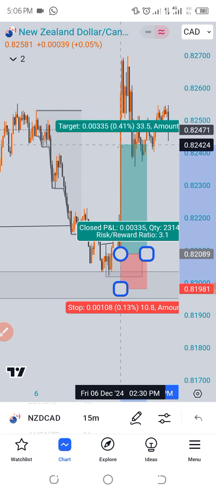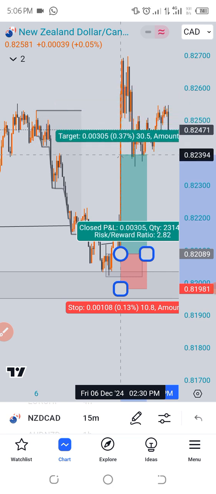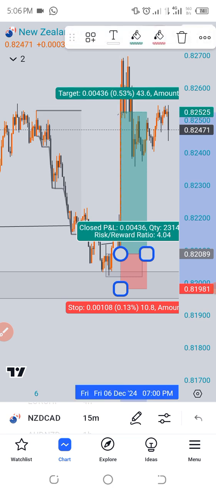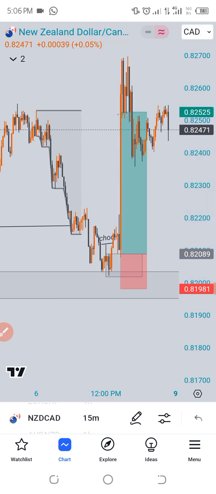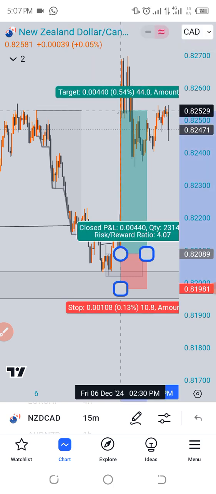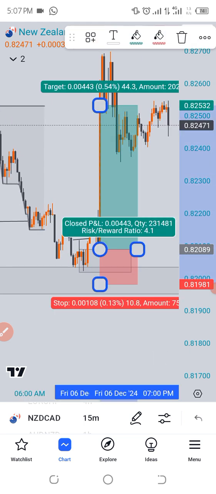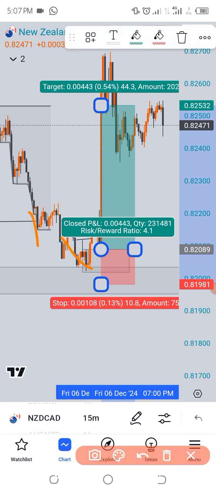Remember I said your minimum risk to reward ratio should be a 1:2. So normally I would have targeted this Asian high, but if you notice, it was just one candle that did all of this move, and this would have been a clear risk to reward ratio of 1:4, as you can see right here. This is a very clean 1:4 trade. Can you see? A very clean setup.